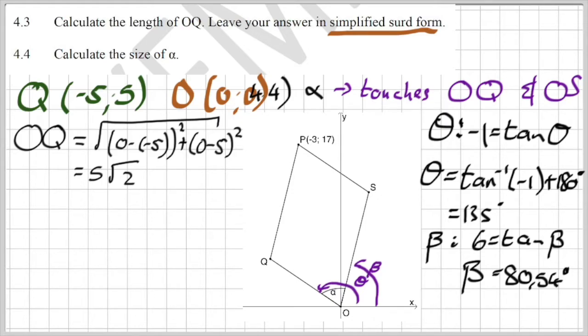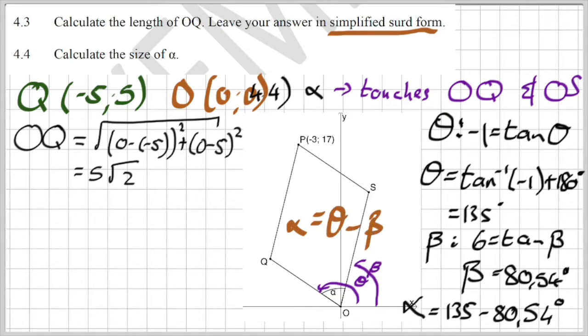Now, here's the question. What is the relationship between alpha and beta? Simple, alpha is theta minus beta. Okay? So if I look at alpha, it is simply the difference between theta and beta.